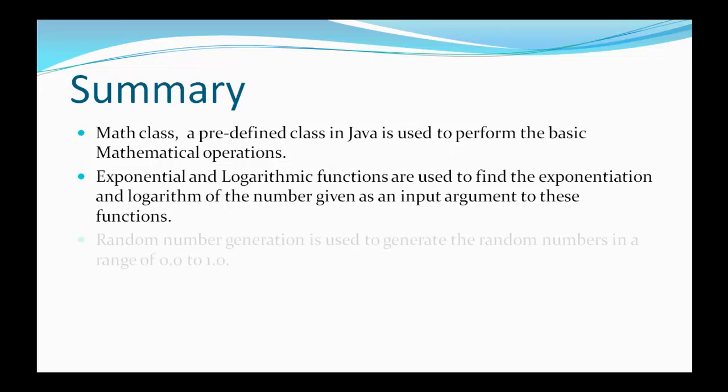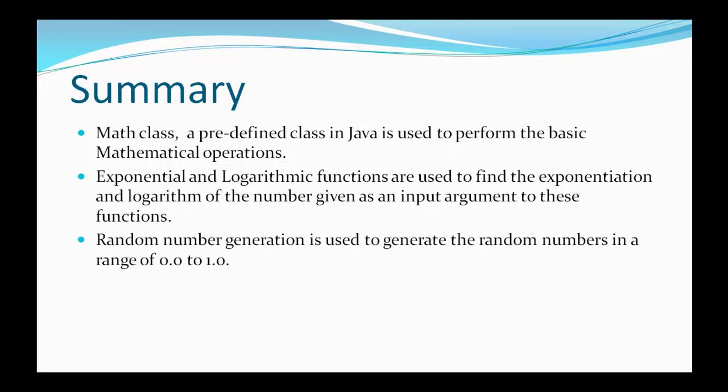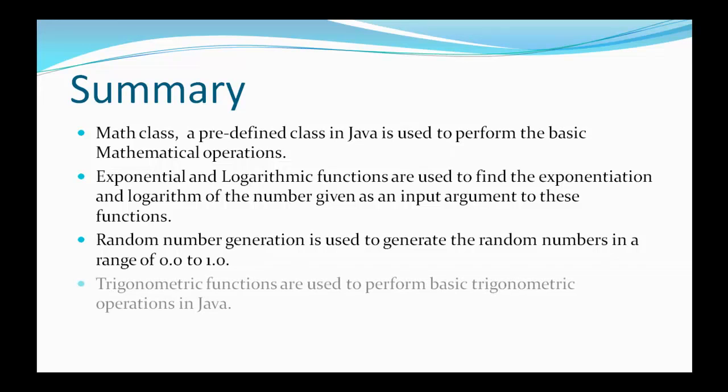The random number generation, which is used to generate random numbers in a range of 0 to 1. We have also discussed trigonometric functions to perform basic trigonometric operations in Java. The trigonometric functions used are sine, cosine and tangent.